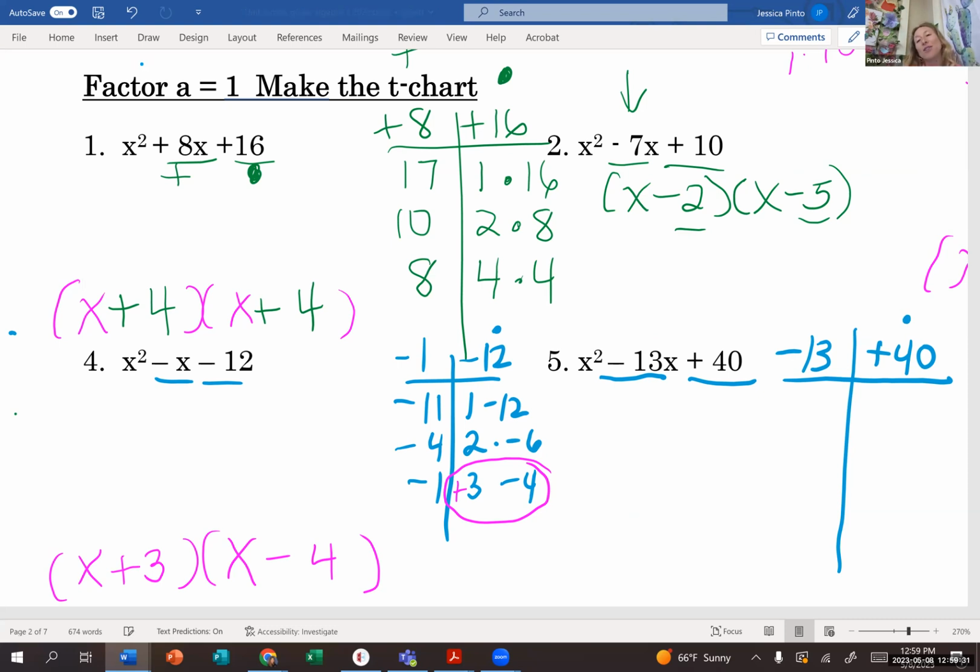But then they have to add to a negative. So we need a negative times a negative. So a negative times a negative multiplies to a positive, but when you add 2 negatives, you add and keep the sign the same. So this is going to be tons of fun. Got -1 times -40 to be systematic, and that's -41.